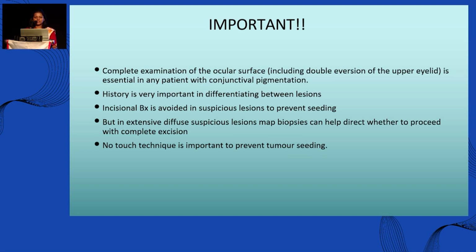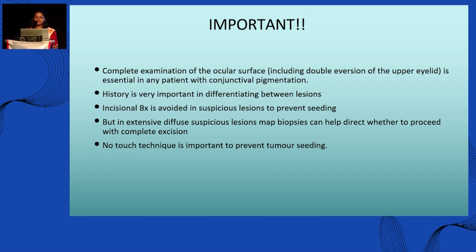Important things are complete examination of the ocular surface, including double eversion of the upper eyelid, which is essential in any patient with abnormal conjunctival pigmentation. And history is very important in differentiating between lesions. Incision biopsy is avoided in suspicious lesions to prevent seeding.